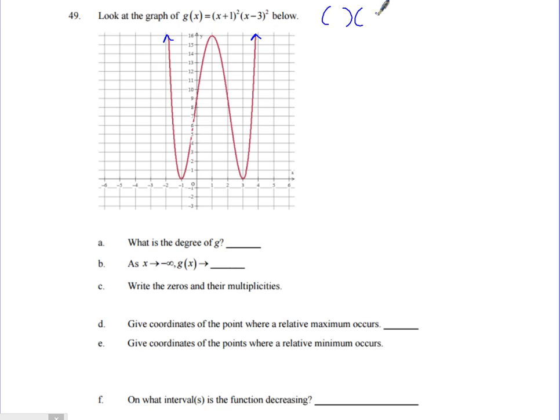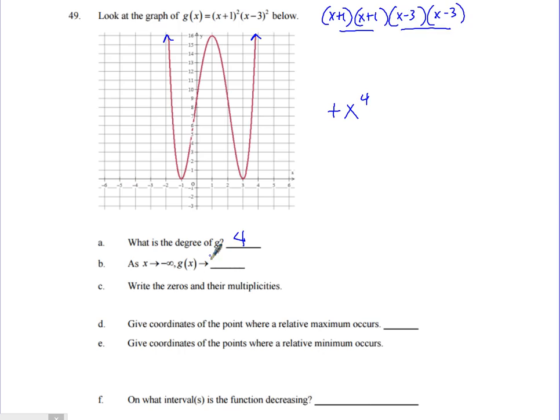I could write it out as 4 separate factors: x plus 1, x plus 1, x minus 3, x minus 3. So really there are 4 factors and it's x to the 4th. And I see it's a positive value, so I know it's a positive x to the 4th. So what is the degree? 4.